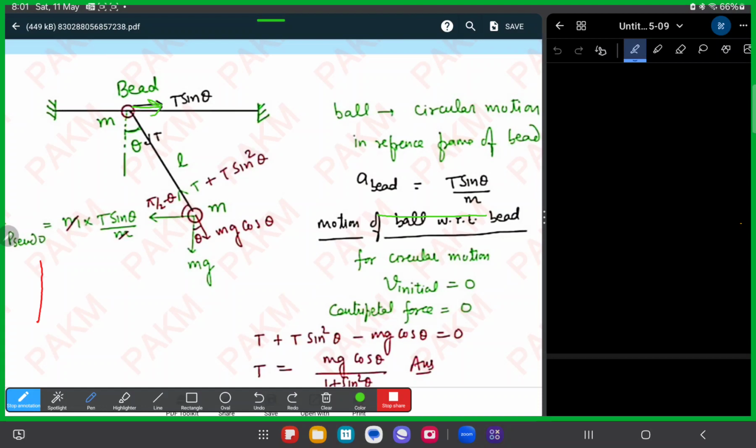I told you tension is acting, T sine theta, this tension force. So what is the acceleration? T sine theta divided by m. This is the acceleration acting in the forward direction. T sine theta upon m is the acceleration of the bead. So with respect to the bead, we will take a pseudo force on the ball. So pseudo force acting.